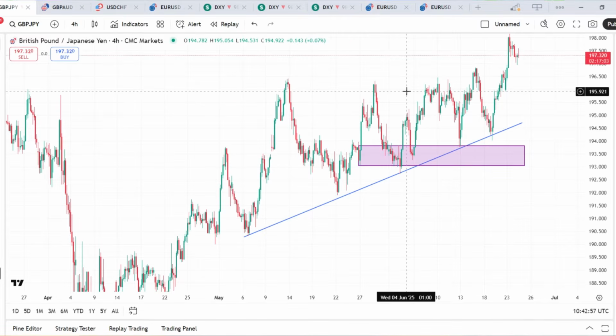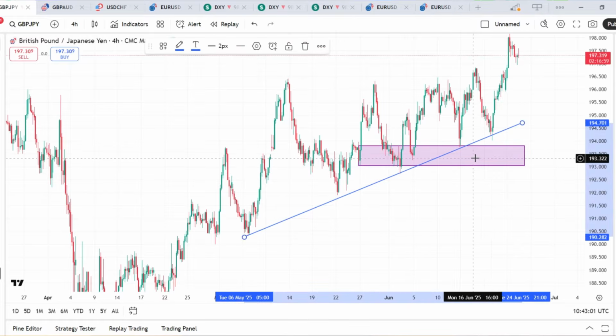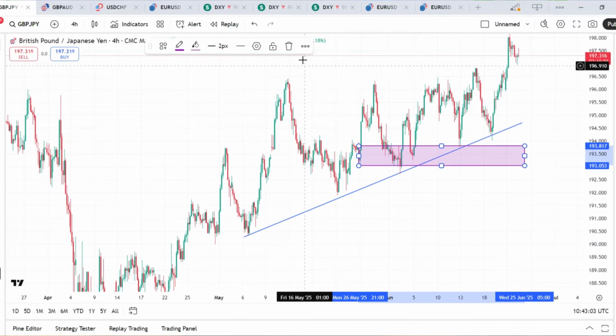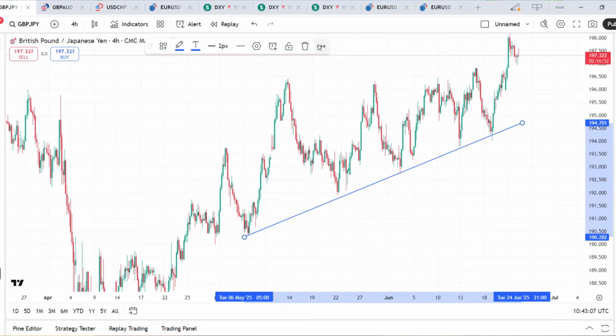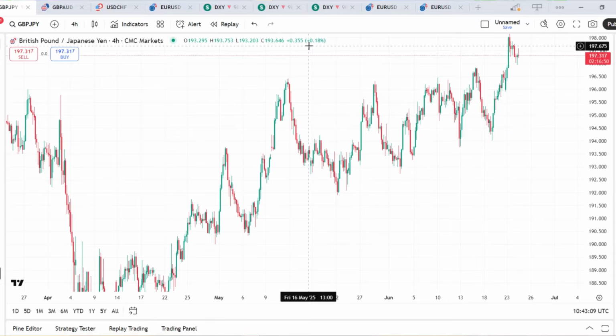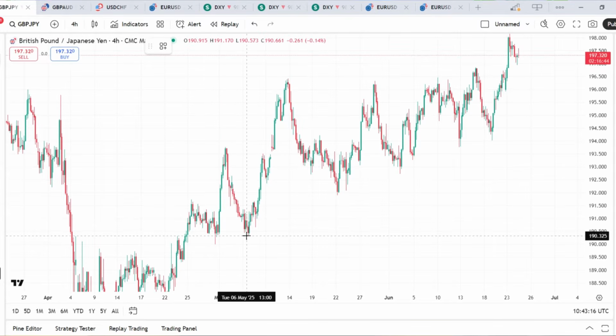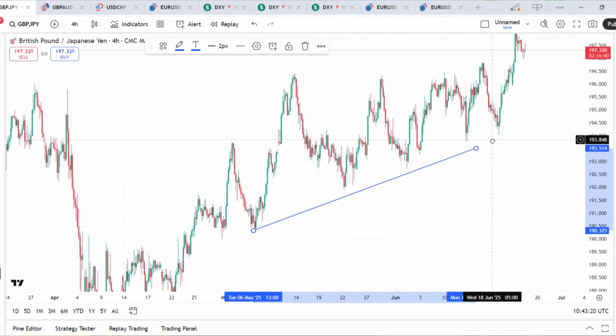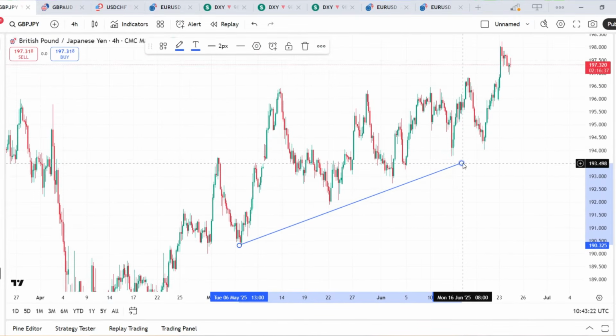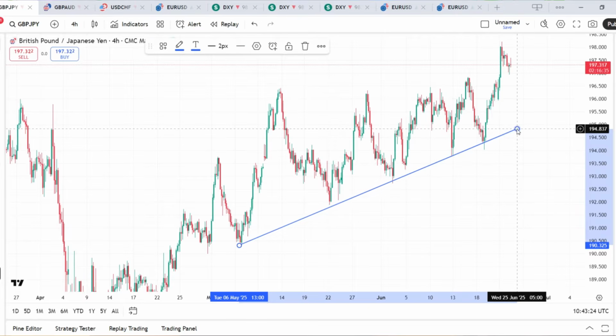Okay, we are here in the market. So this is how we draw our trend lines. Let me remove this and this. Basically, when drawing our trend lines, we just grab this line and draw it from here all the way up there.